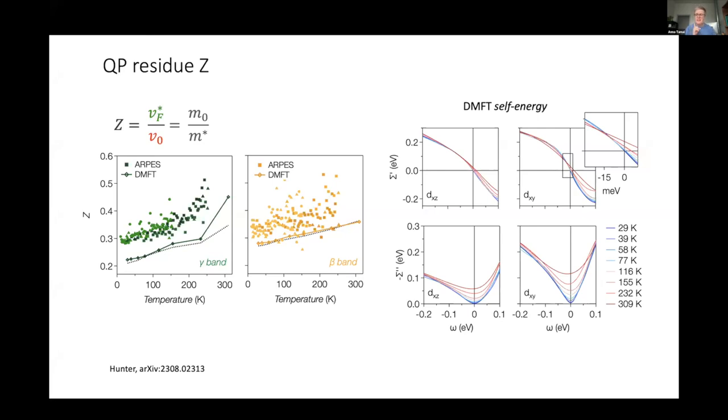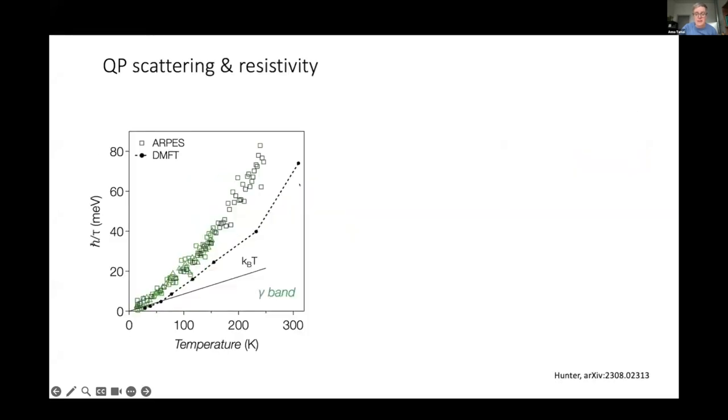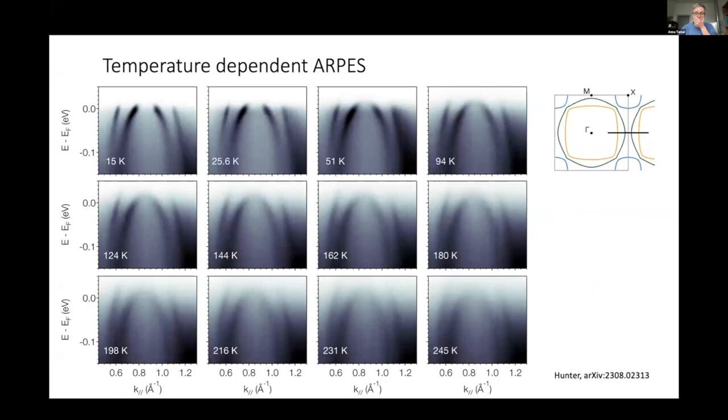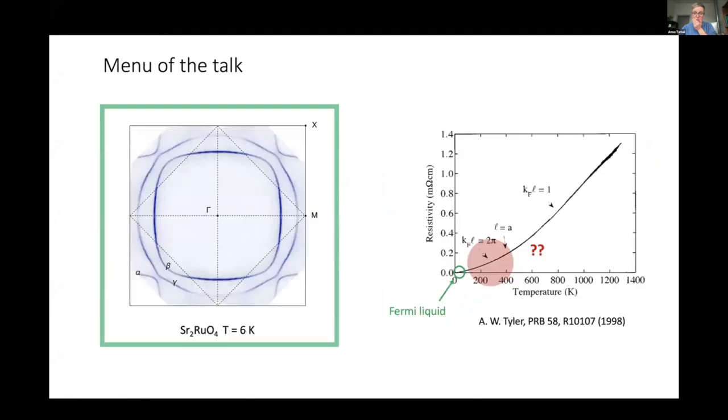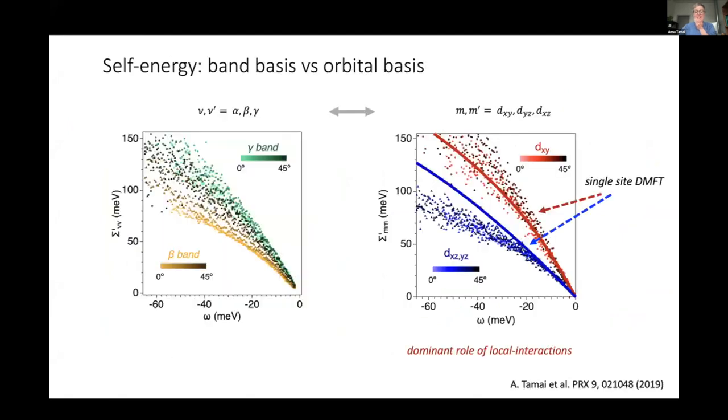The second point was whether there is still some momentum dependence. We look at this at low temperature. Here you see a comparison of the ARPES-derived real part of the self-energy with DMFT that considers only local interaction.